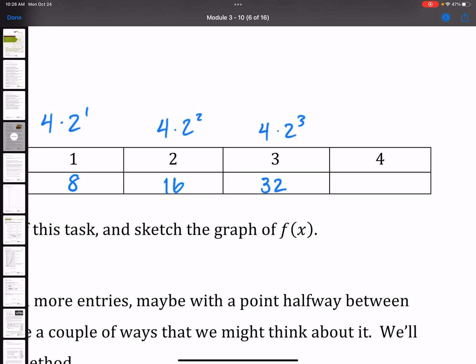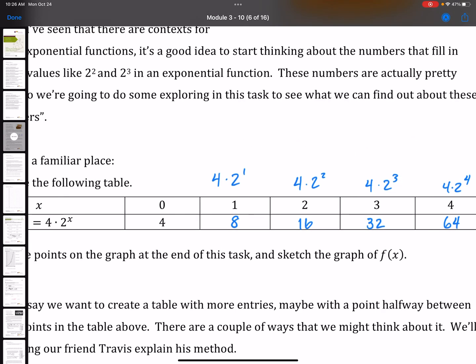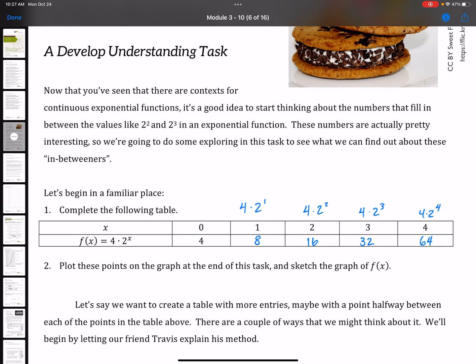Very nice. And then 4 times 2 to the fourth power. 2 times 2 is 4, 4 times 2 is 8, times 2 is 16, times 4 is 64, right? So here we've got all these values. The table's filled in. 4, 8, 16, 32, 64.